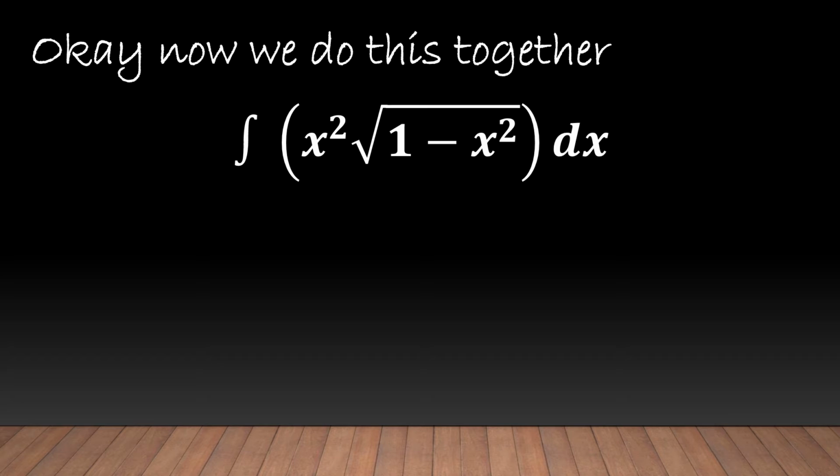So here, in this case here, we let our t be 1 minus x squared. So that our dt, differentiating t with respect to x, we have negative 2x.